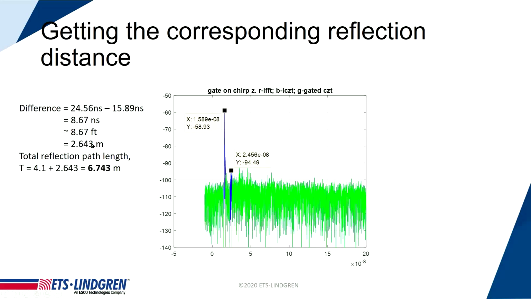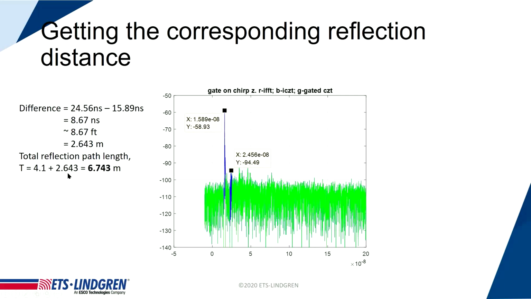What we're saying is the reflection, compared to the direct antenna-to-antenna response, is 2.6 meters longer. We know the direct antenna-to-antenna path is 4.1 meters, which corresponds to 15.9 nanoseconds. That's the distance between the two antennas.